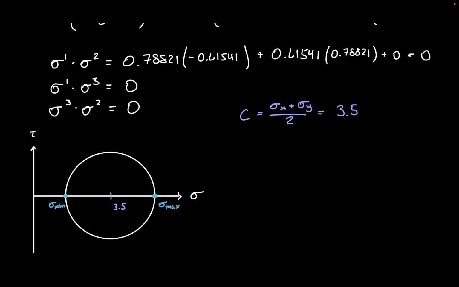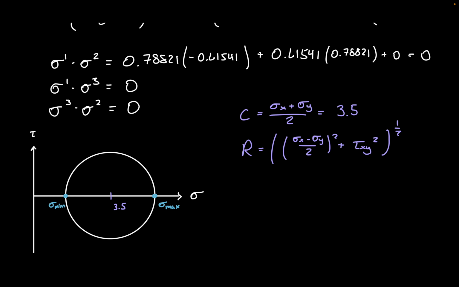Okay, so the next thing that we can calculate is the radius. The radius is going to be equal to the square root of sigma x minus sigma y divided by 2, squared, plus tau xy squared.